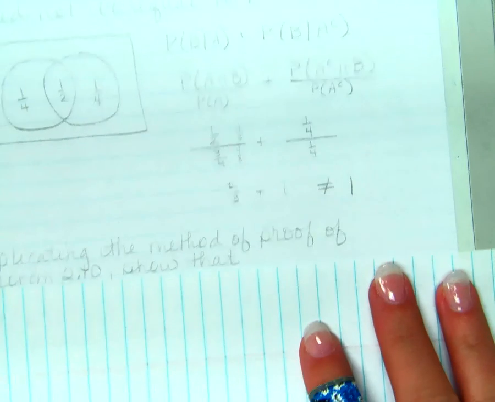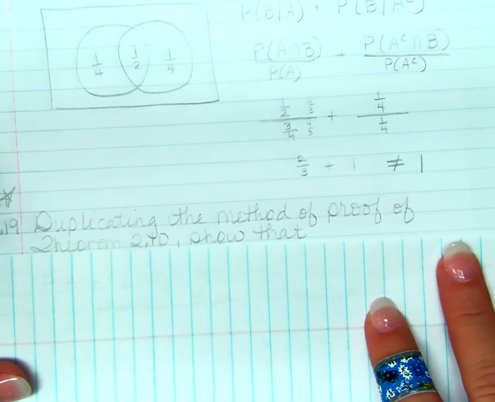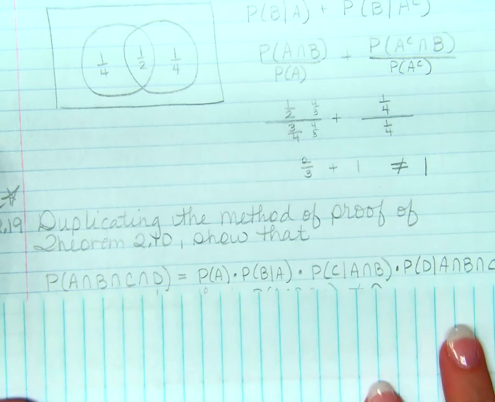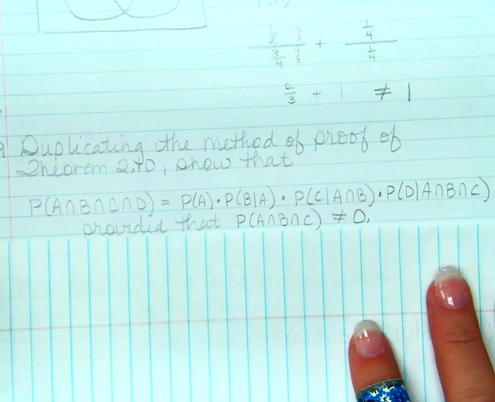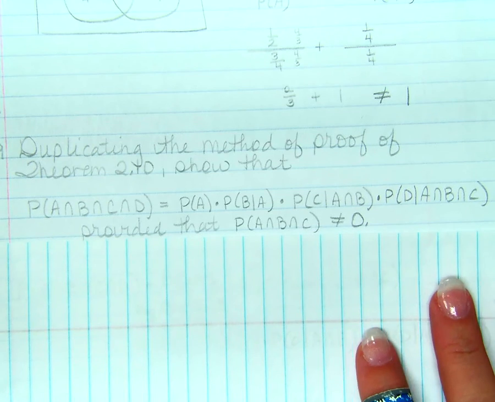Okay? And my last problem that I had to do was in chapter 2, and it was problem number 2.19. So it says, duplicating the method of the proof in theorem 2.10, show that, and I'm sorry, Dr. Davis, but I don't really know how to read all these, so I'm just going to do my best.